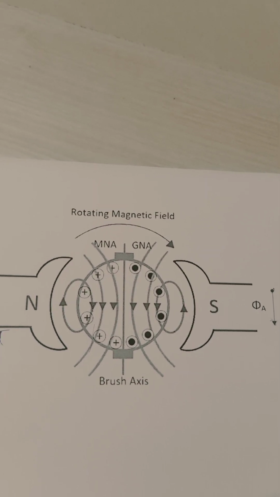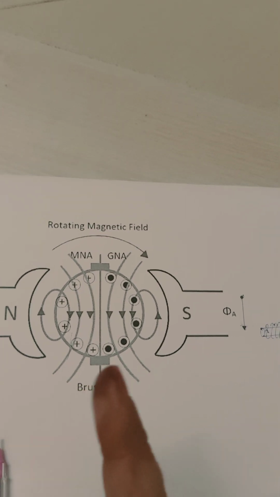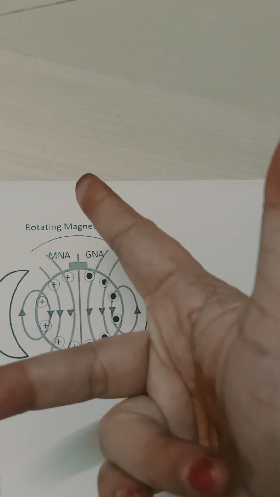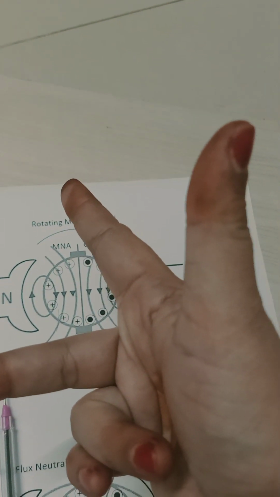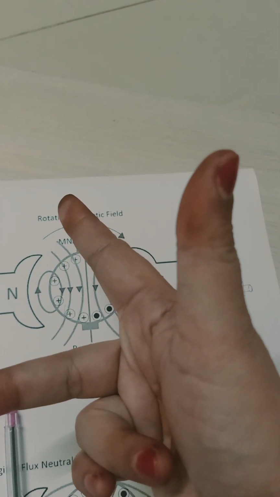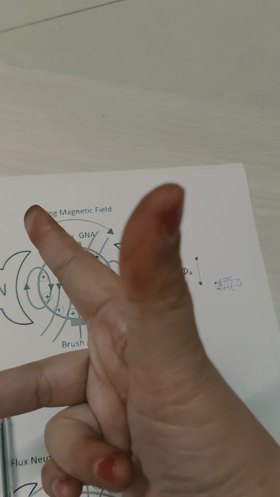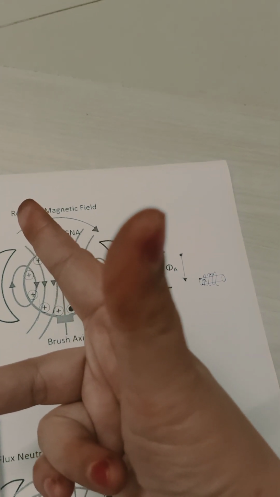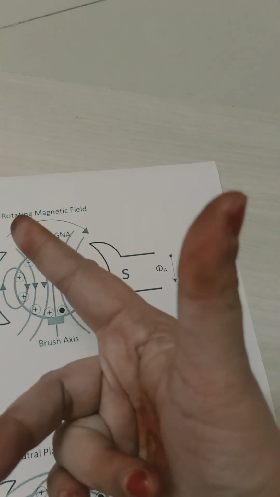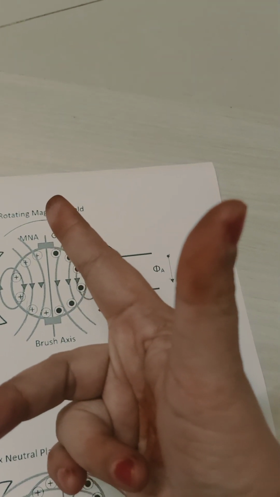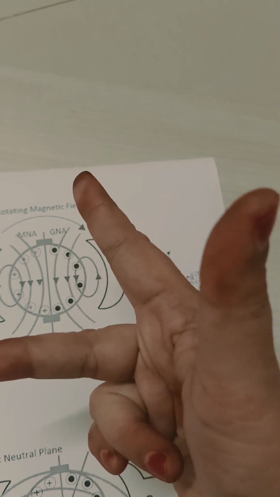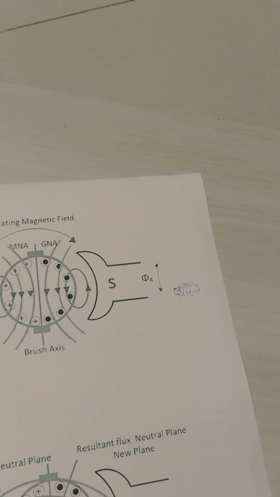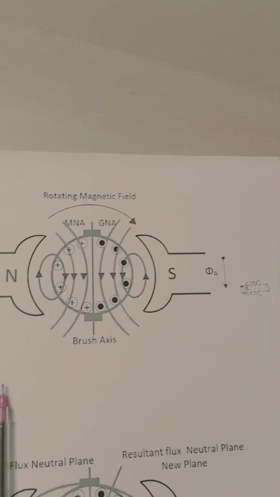What is Fleming's right hand rule? When the forefinger, thumb and middle finger are placed at 90 degrees with each other, the thumb indicates the direction of motion of the conductor, the forefinger indicates the direction of magnetic field, and the direction of current is given by the middle finger.